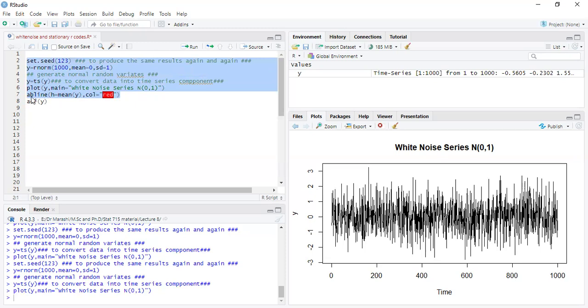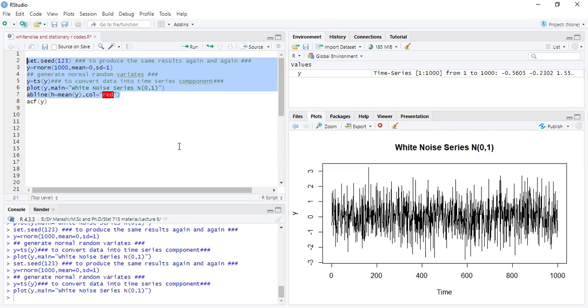abline, H means horizontal. If we have V, let's suppose, it will be vertical like this. But we need horizontal. So a horizontal line, where do we need the line? At the mean of Y, somewhere here. Mean of Y is approximately zero, because we are generating only 1000 random variables.